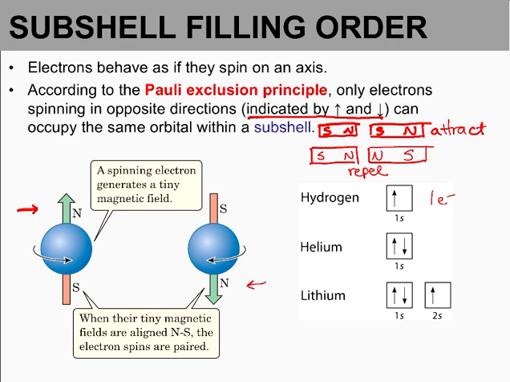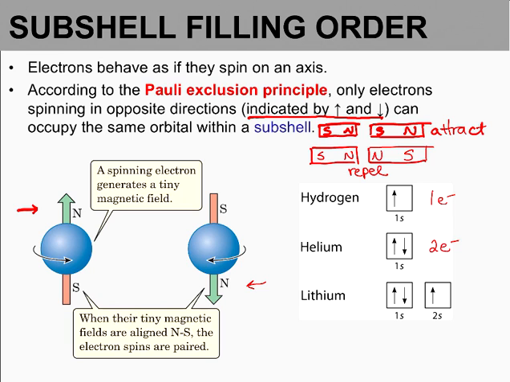And that is shown in helium. So helium has 2 electrons. We're going to show that one of those electrons is spin up and the other one is spin down. So we've got an up arrow and a down arrow. Now, remember that s orbitals can hold a maximum of 2 electrons.